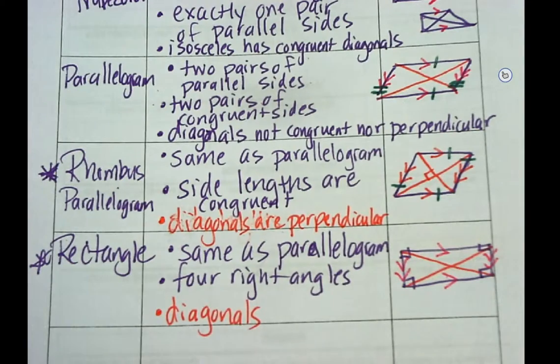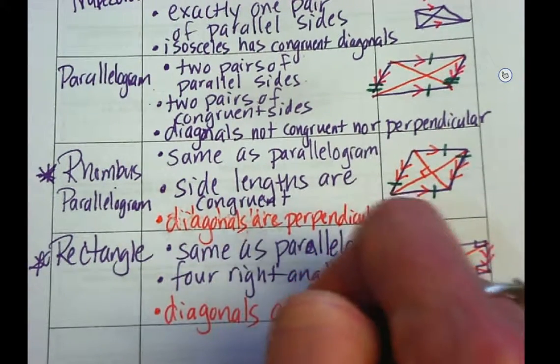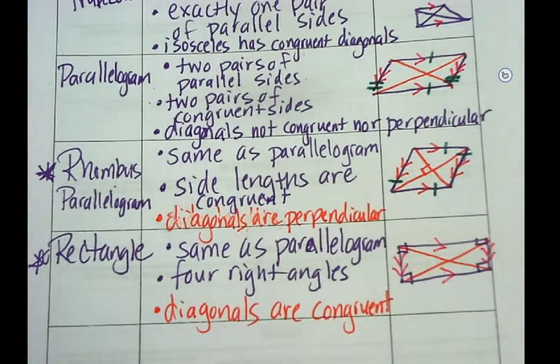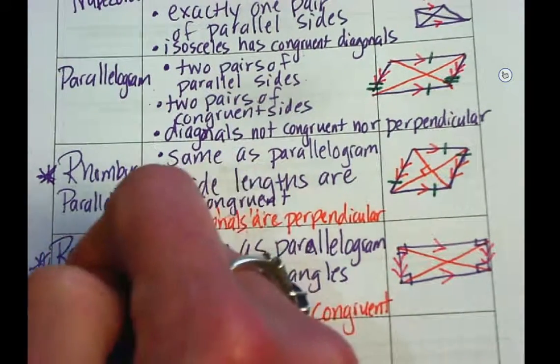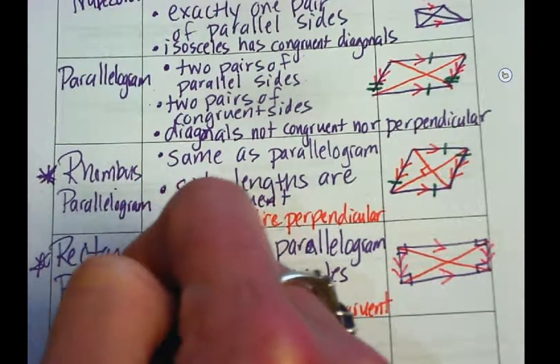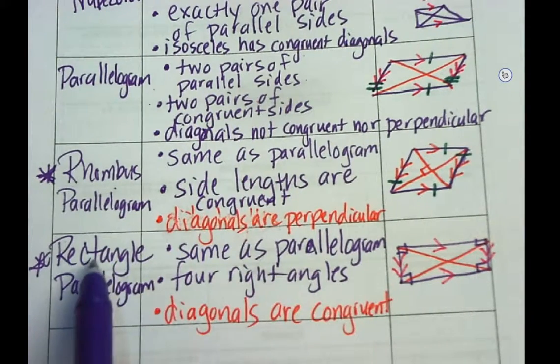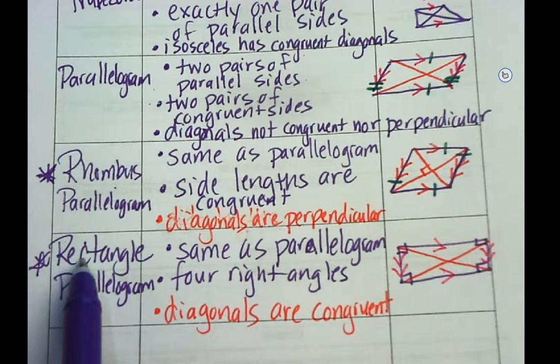No. The diagonals are congruent. Good. So a rectangle is also a parallelogram. It's a special parallelogram, but the most specific name for it is rectangle.